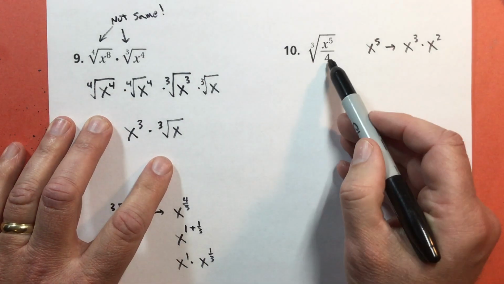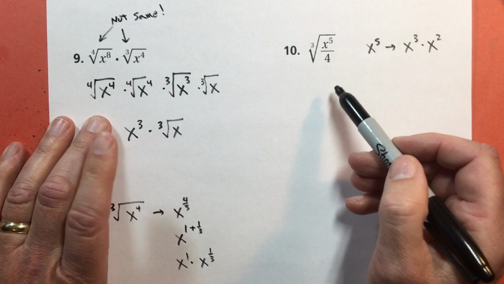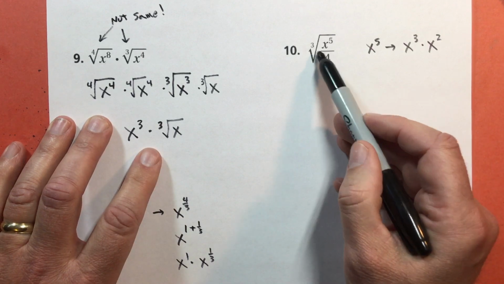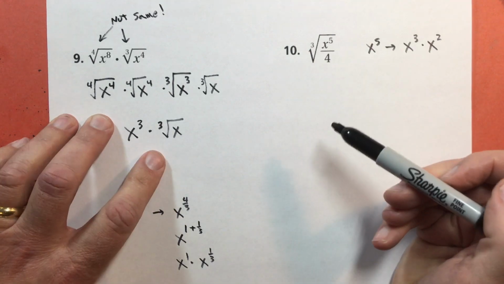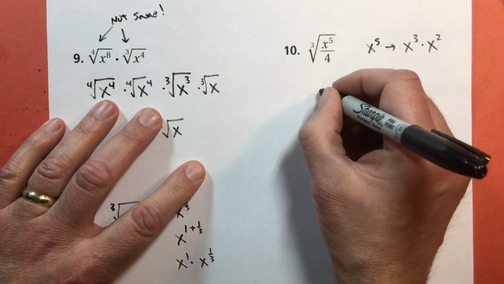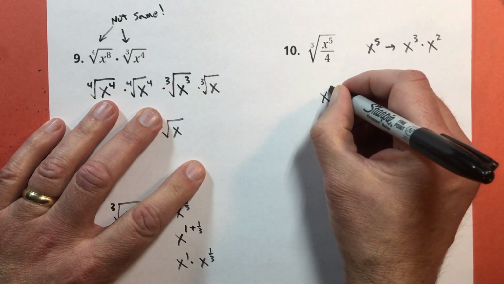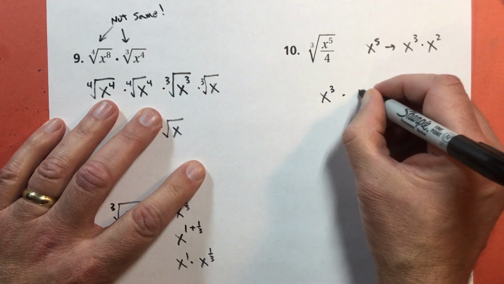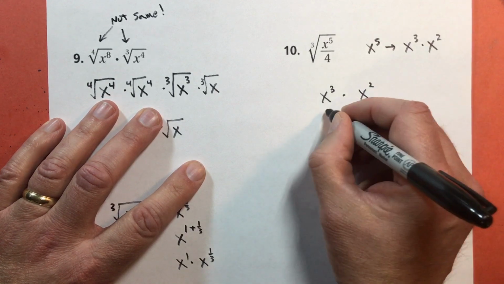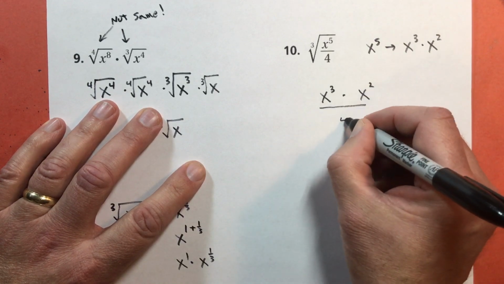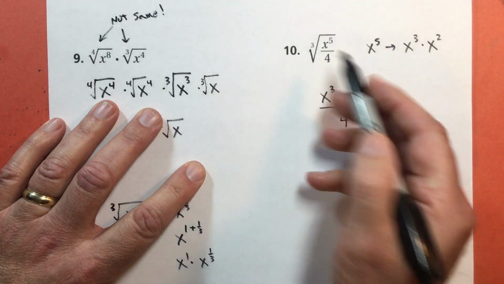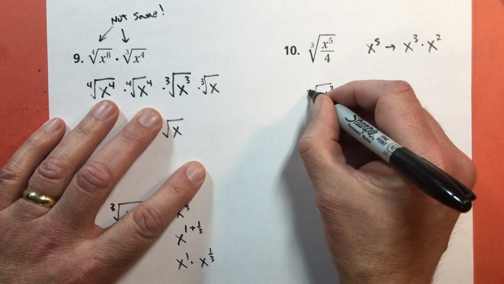Okay? 4 is 2 squared, but I don't have anything cubed. So that's not going to help. So I'm going to write this x to the 3rd power times x to the 2nd power divided by 4, and then I'm going to take the cube root of each of those.